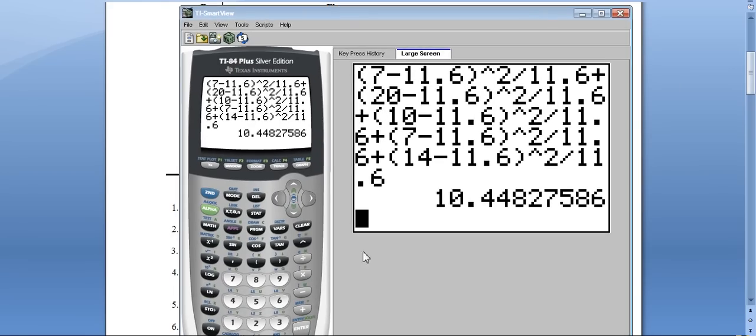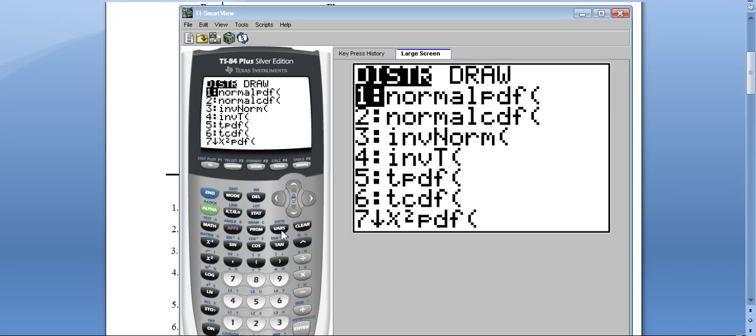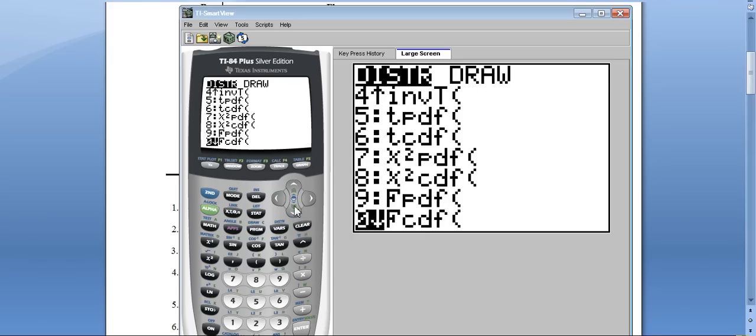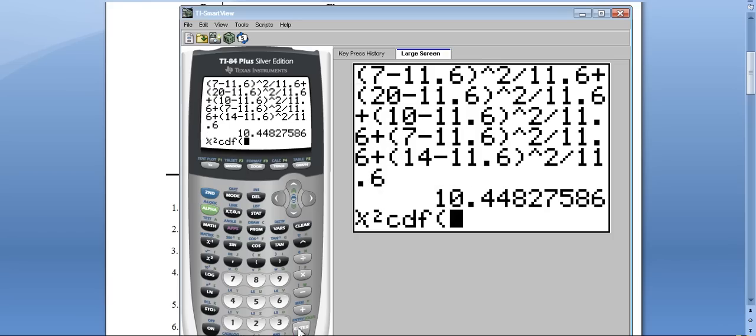And to get the p-value, we can just go in our calculator here, and the chi-square test is going to be a right tail test. And so we just need the area to the right of this test statistic. We're going to go second function, distribution, go down, chi-square CDF, cumulative density function. This will enter.